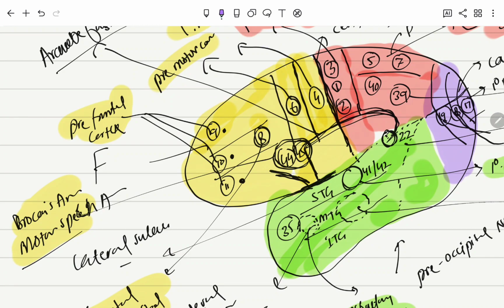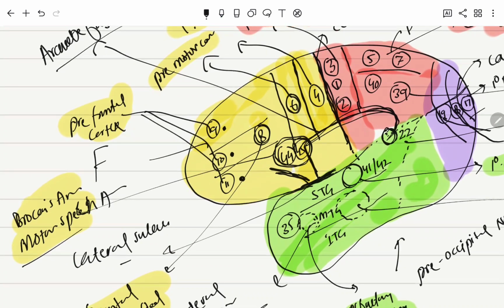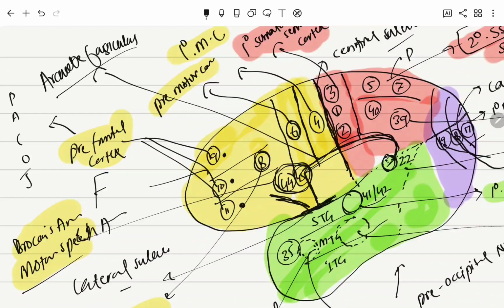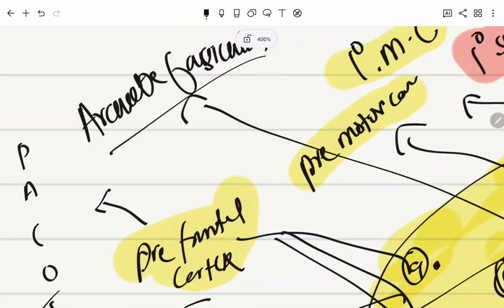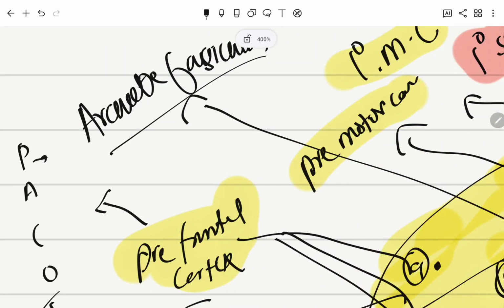So I have one mnemonic here, PACOJ, right? So the frontal lobe is responsible for, P stands for problem solving behavior, right?